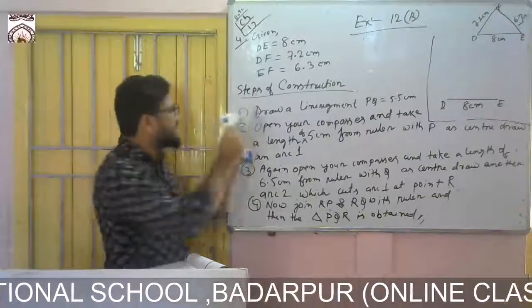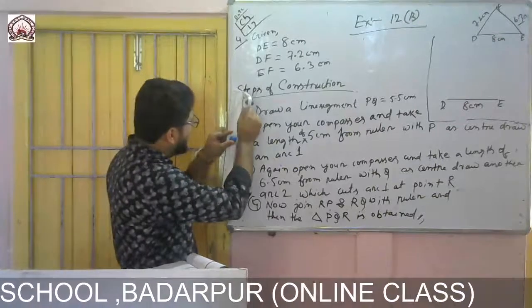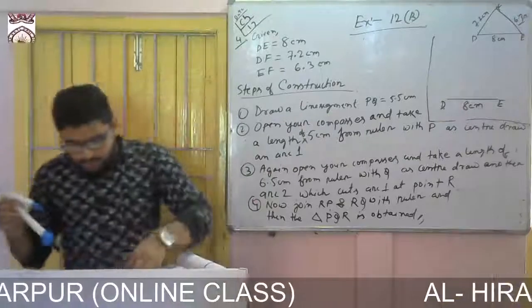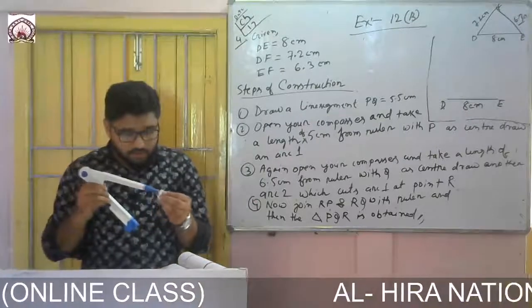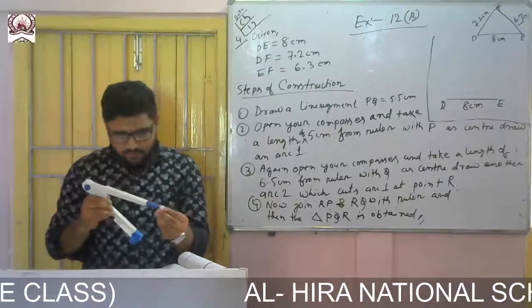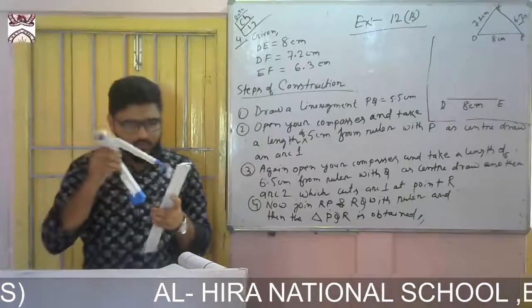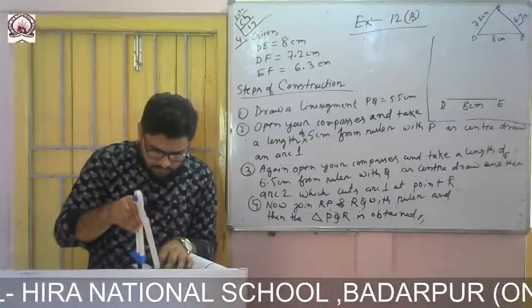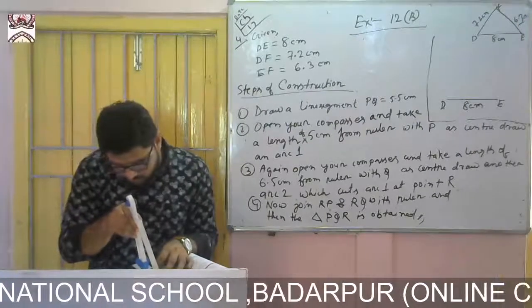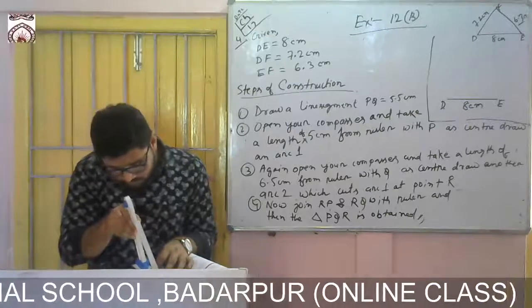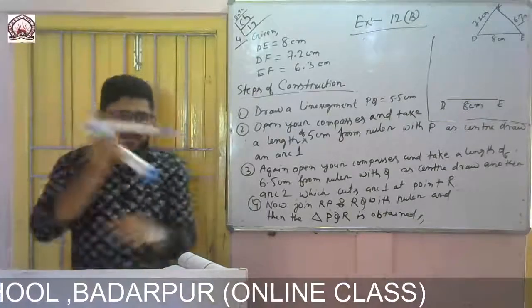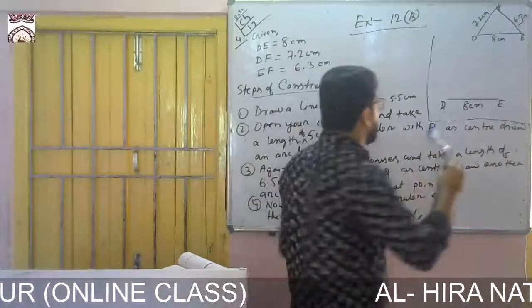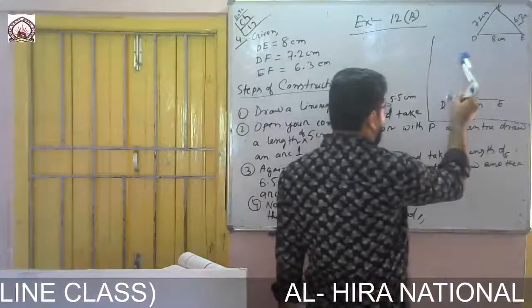This 7.2 I measured. This will not come exact, but the process is the same. Now from D you mark 7.2.